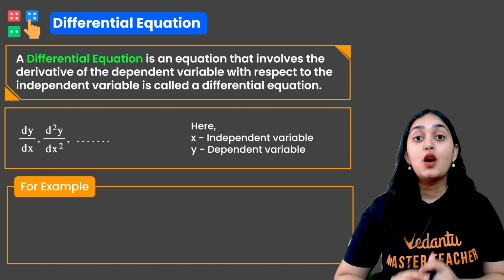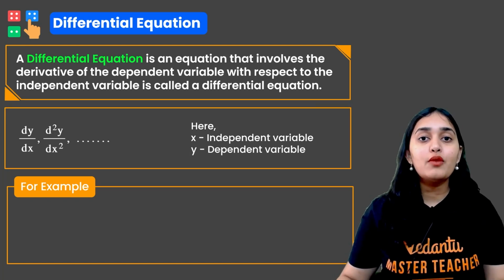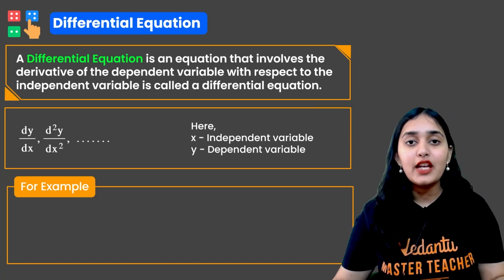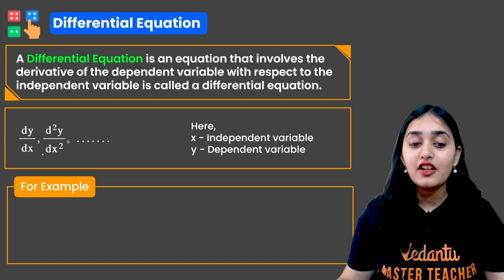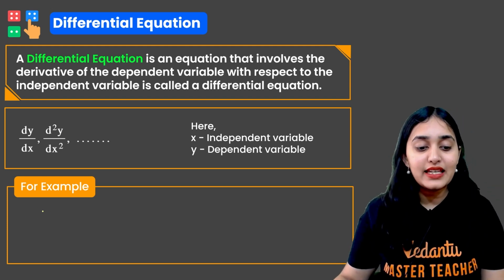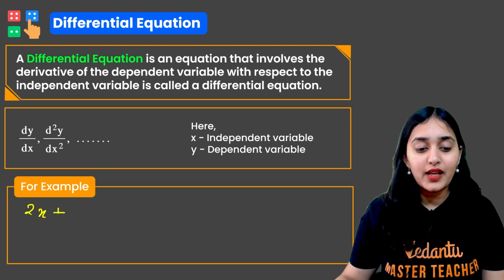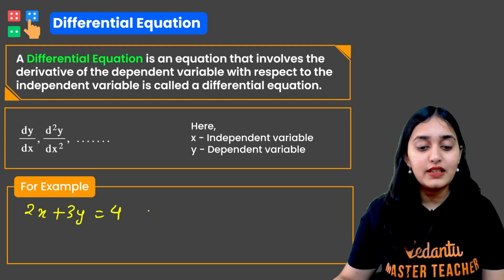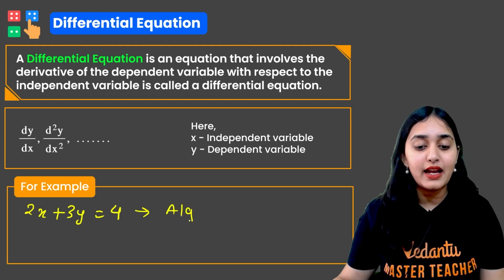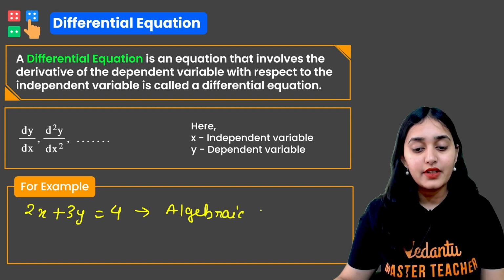Okay, first, what is a differential equation? Till now we have always seen equations in maths. For example, an equation like 2x plus 3y is equal to 4. This is an algebraic equation, right?